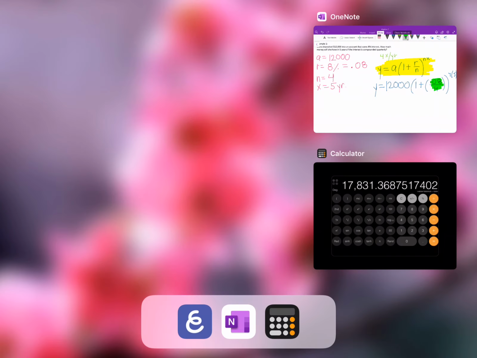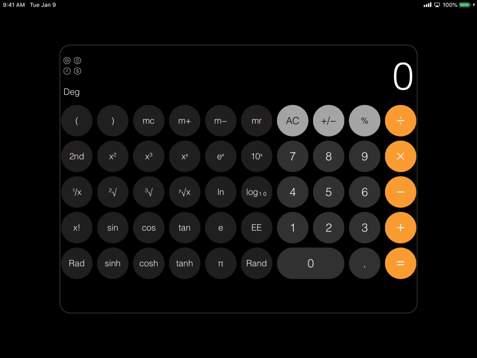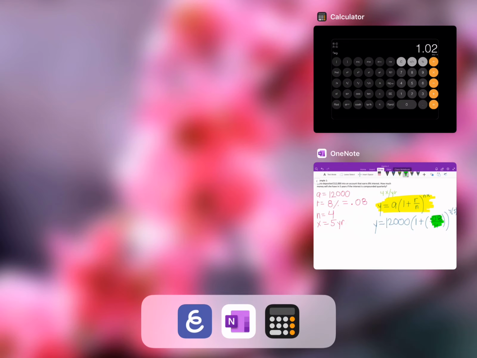So I'm going to open up my calculator. I'm going to take 0.08 and divide that by 4. I get 0.02. And then remember, I have to add 1 to that. So then I would do plus 1, which gives me 1.02.